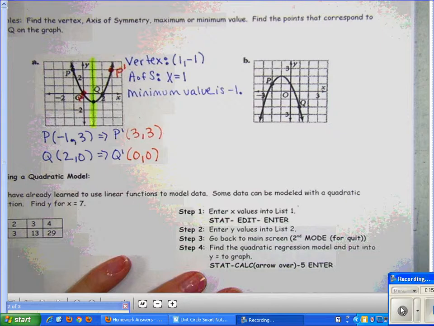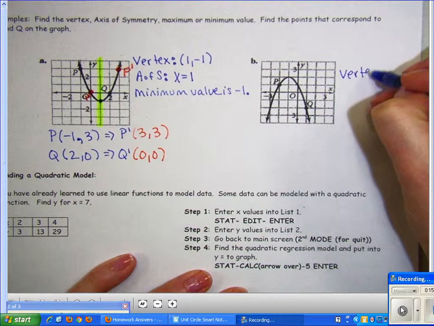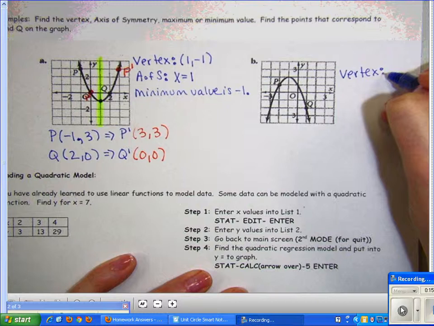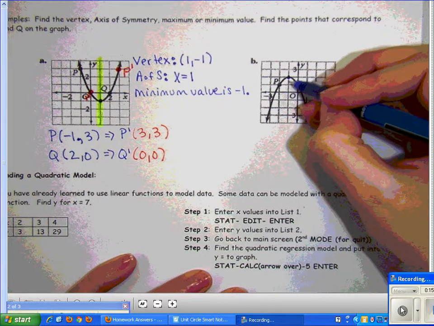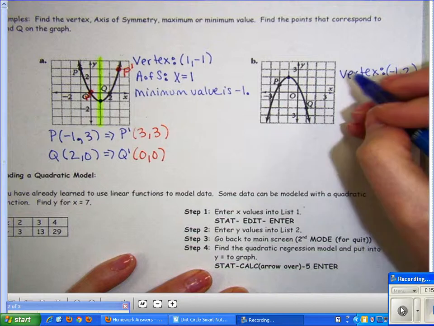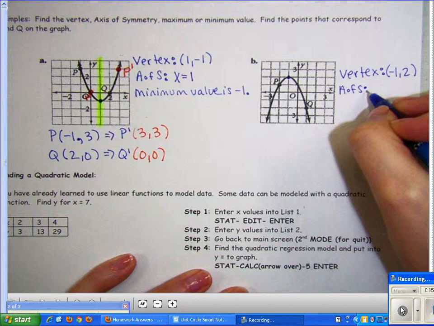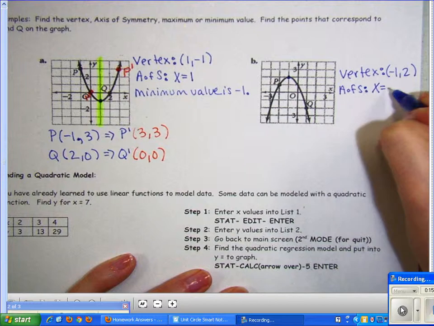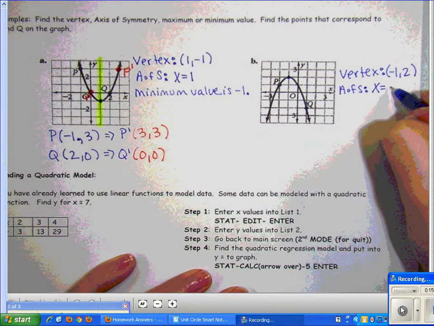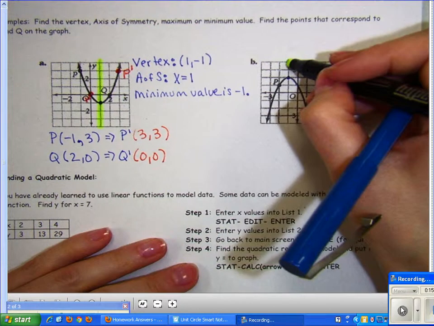So if we look at B, I know I have my vertex. The vertex is right here, which is at negative 1, 2. Then I have the axis of symmetry. It's always the x-coordinate of your vertex, which is negative 1, so x equals negative 1, which means that if I draw in my axis of symmetry, that would be right here.